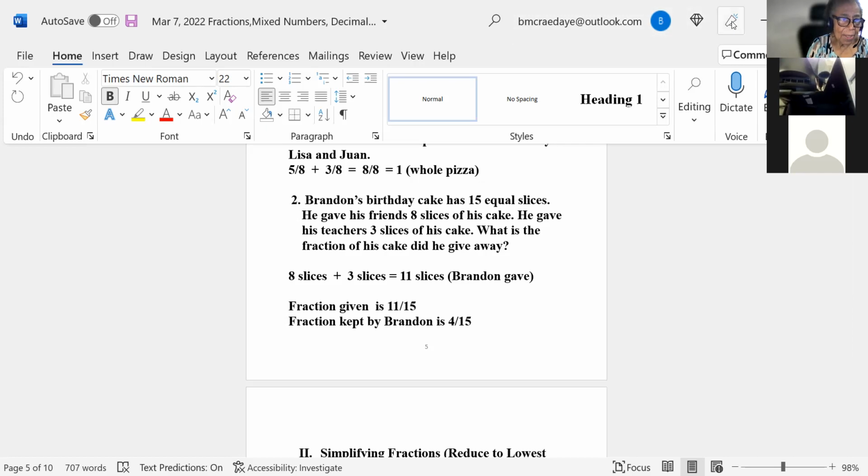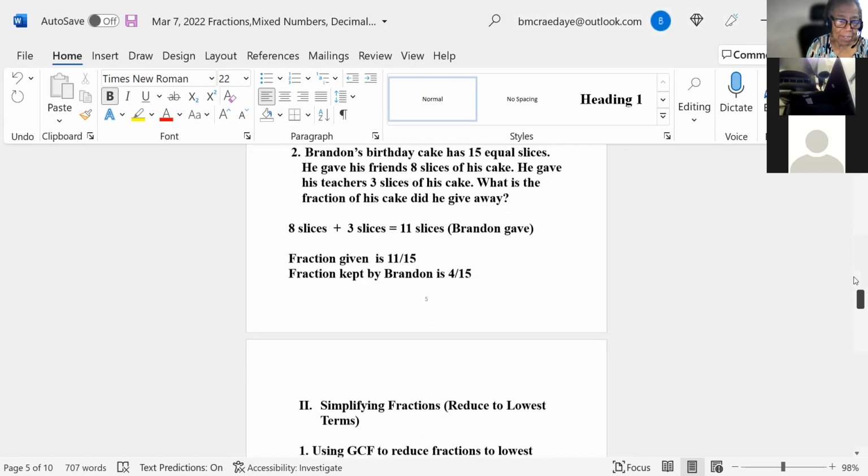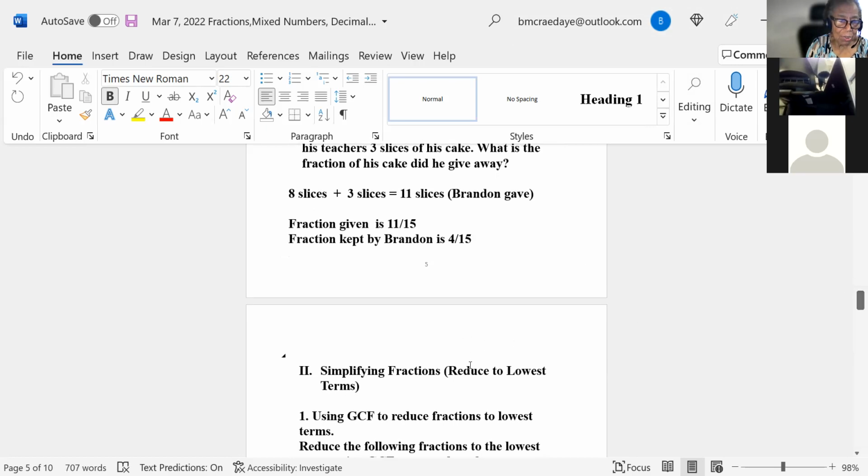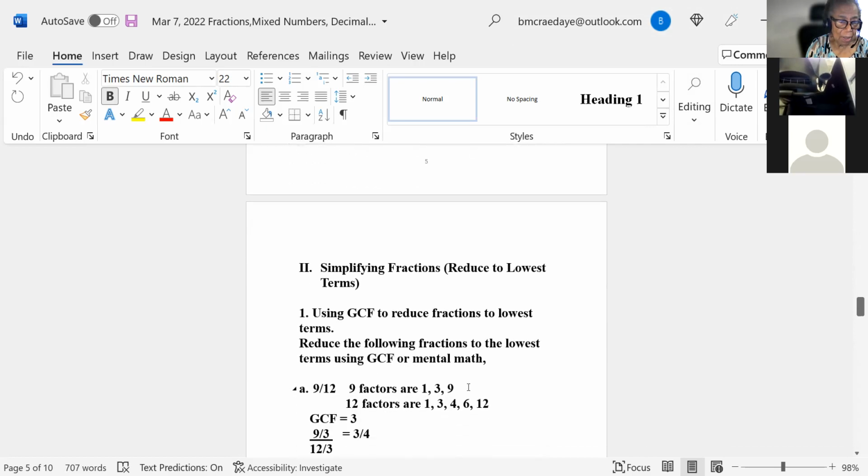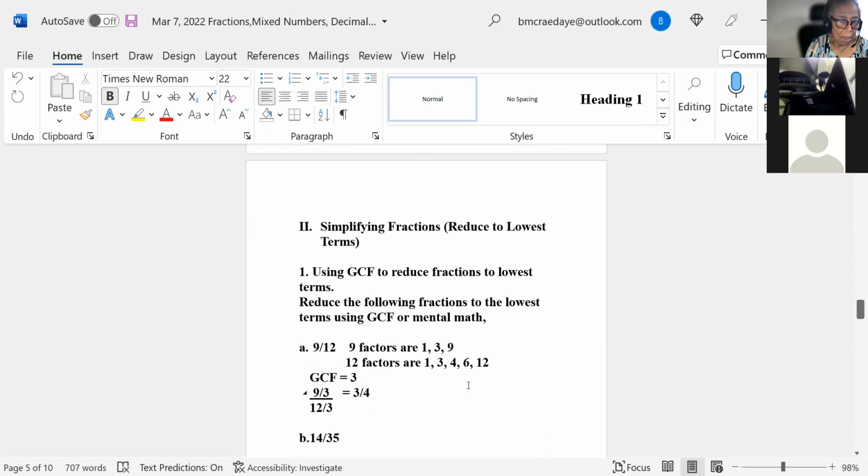All right. Now, let's look at how we simplify fractions. We sometimes call it reducing to the lowest terms. There are different ways of doing it, and I think I'll let you decide how you want to do it, because sometimes you can do it with mental math.